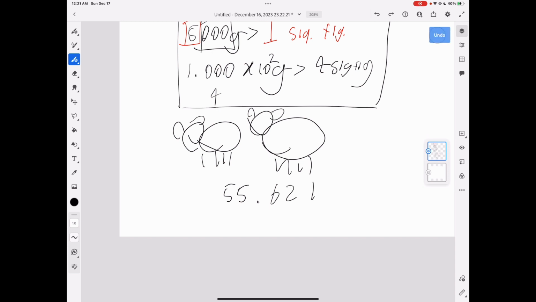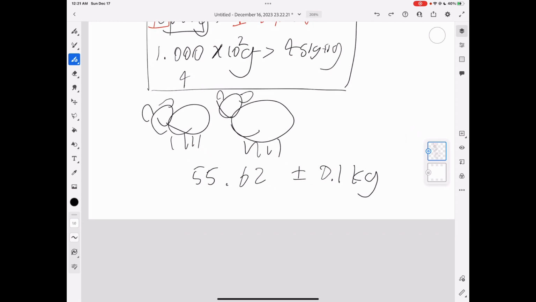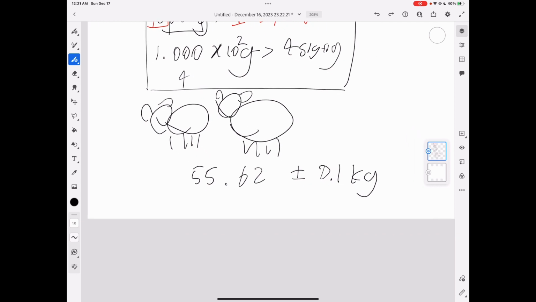Let's just say we have plus or minus 0.1. And I see two of them, so I want to get the total weights. This does not have a significant figure as it's counted.